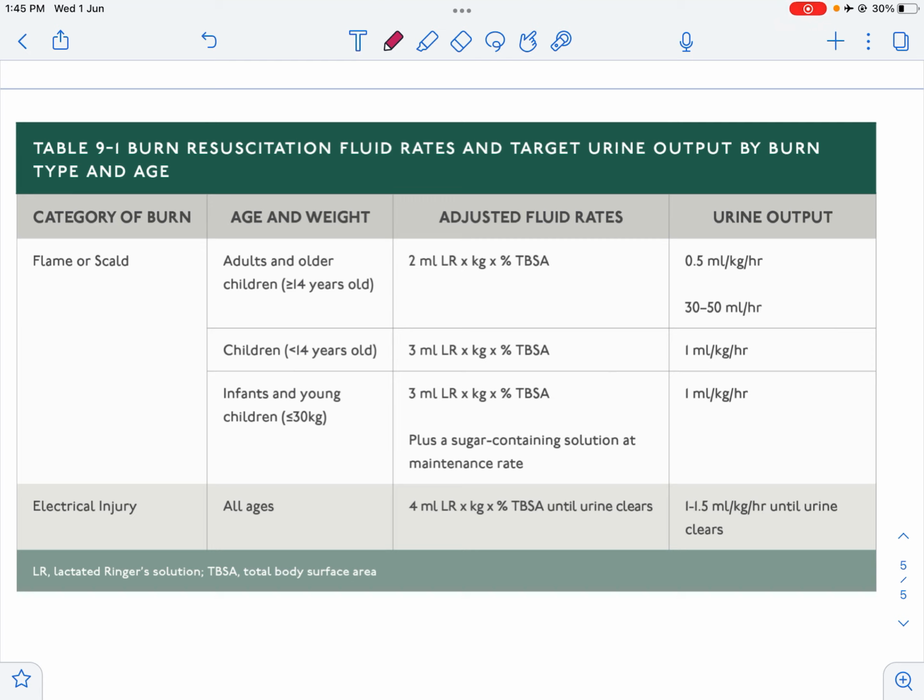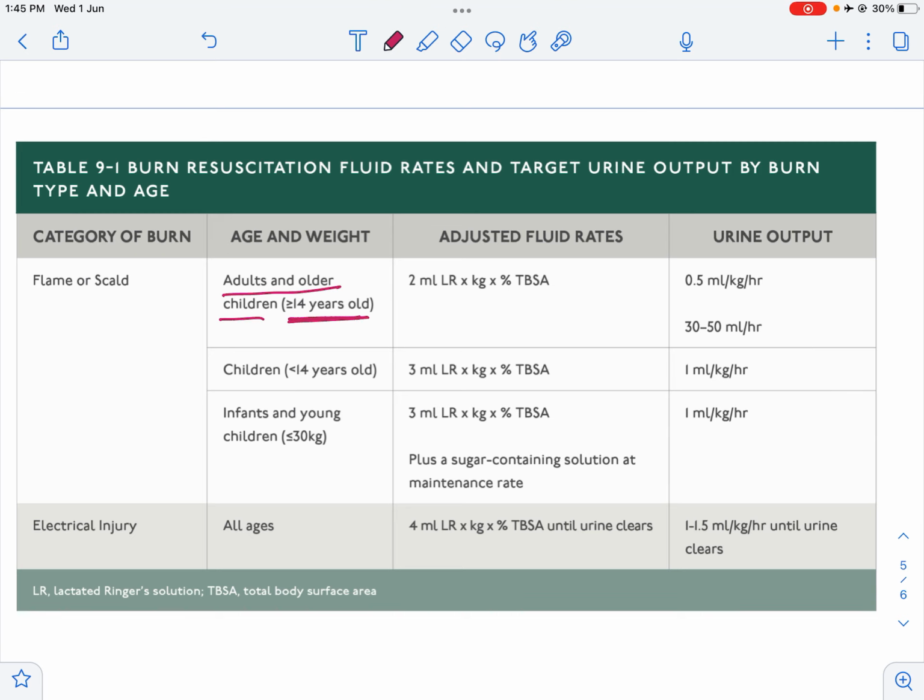So here what we see is, in adults and older children, that is children who are more than 14 years old, again the fluid used is Ringer's lactate. So here what is LR is nothing but Ringer's lactate. These Americans want to be different, so they call Ringer's lactate as lactated Ringer's, but RL is the same as LR.